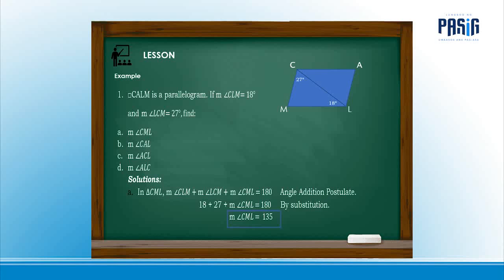Angle addition postulate. 18 plus 27 plus the measure of angle CML is equal to 180 by substitution. Therefore, the measure of angle CML is equal to 135.